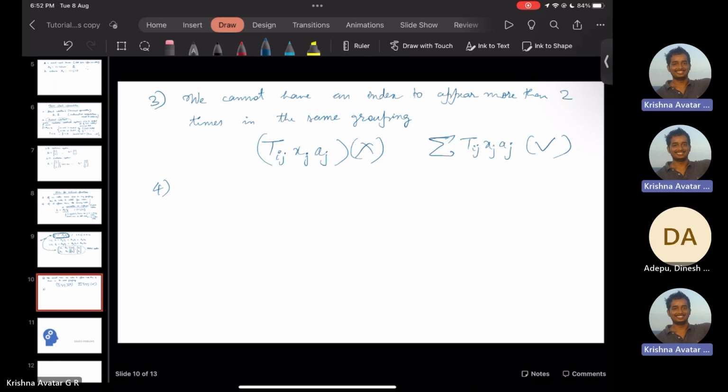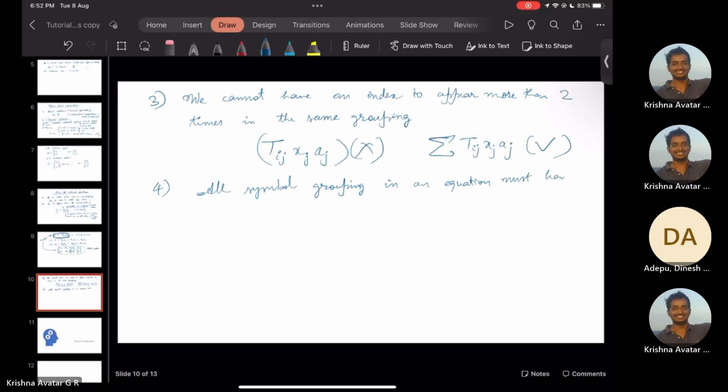Now the first rule that we have is that all symbol grouping in an equation must have the same free index.